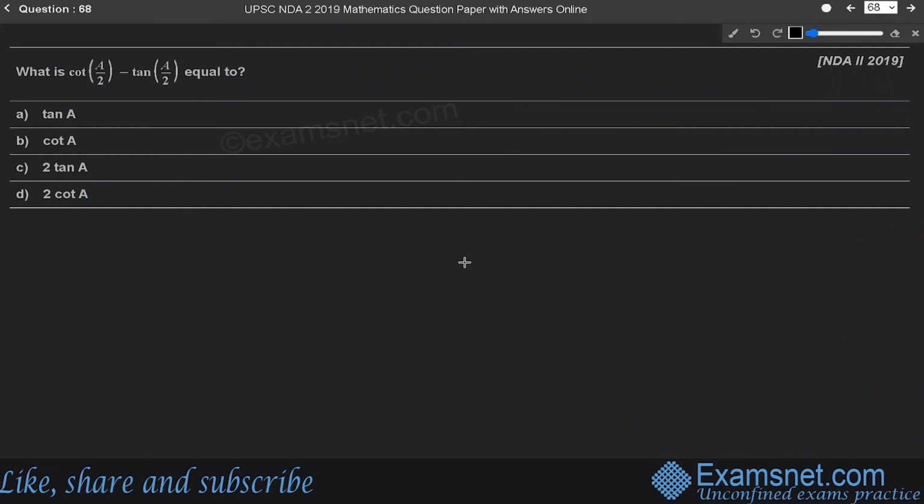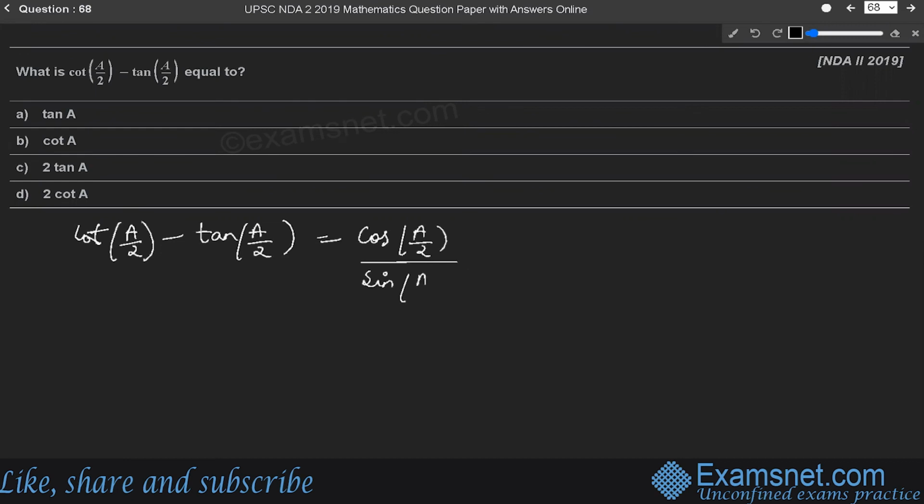Next question is, what is cot A by 2 minus tan A by 2 equal to? So here we have to find its value. We know that cot A by 2 can be written as cos A by 2 divided by sin A by 2, minus tan A by 2 can be written as sin A by 2 divided by cos A by 2.